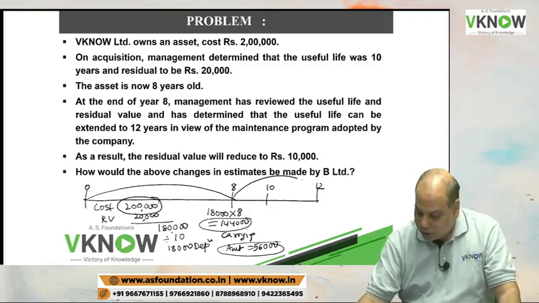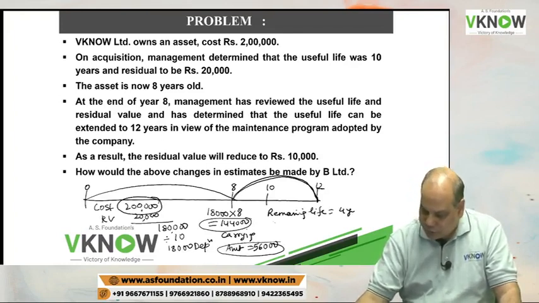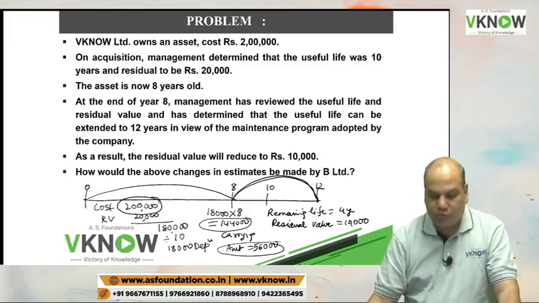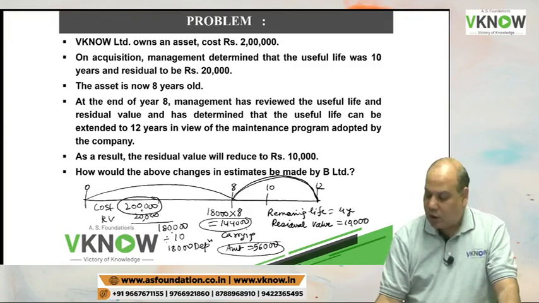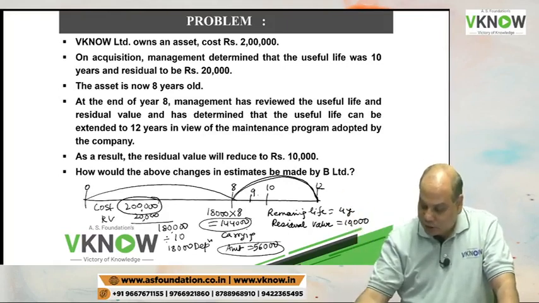But now the life has been revised to total 12 years. So remaining life is 4 years, and the residual value is also revised to 10,000. My question is, how much depreciation will they provide in year 9, 10, 11 and 12?